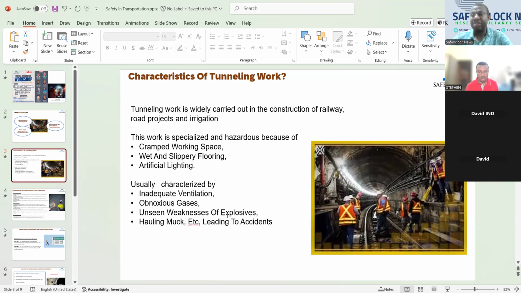There could be presence of hazardous gases. There could also be some explosives, especially if explosives were used during the blasting or tunneling. There could be some muck, that is the sand or the excavated soil that we remove, that could lead to accidents. So these are some of the characteristics of tunneling work.